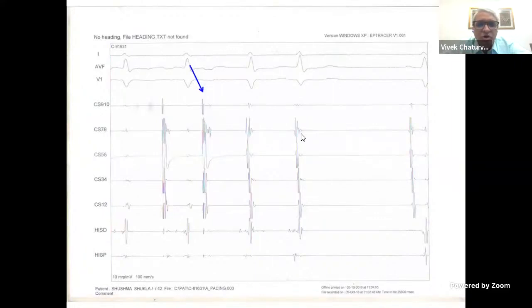I'm sure all of you know it, but I would still reiterate that in AV nodal reentrant tachycardia, the circuit is housed entirely in the atrium. There is a reentry movement going on between the slow and the fast pathway, and the ventricle and the atria are getting activated simultaneously. So they are not in series.